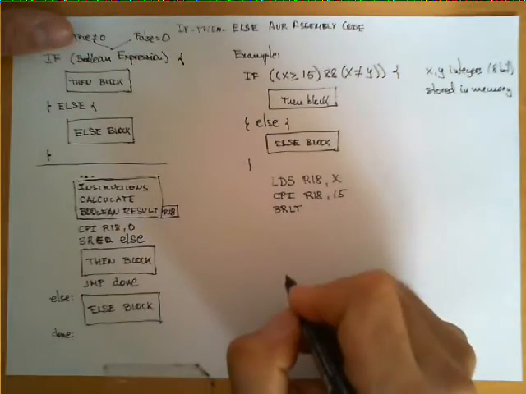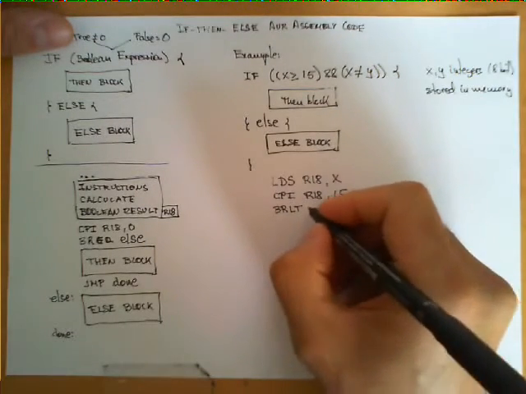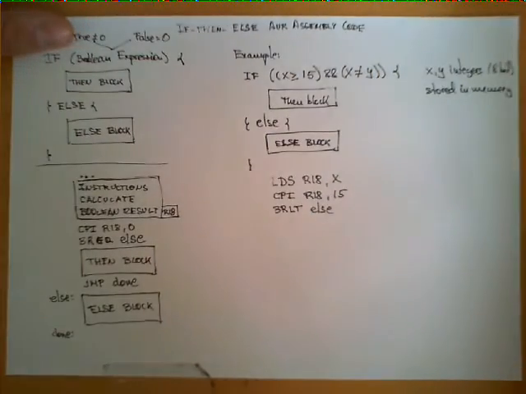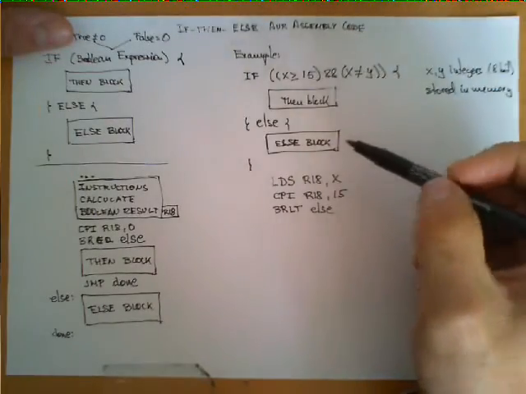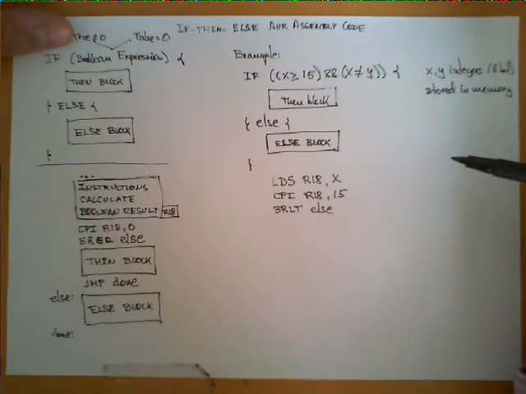So BRLT would be the ideal instruction to put in there, and it would make me jump to the else block. So here I have one portion already of this implementation. If this condition is false, I know that the code should jump and execute the else block.